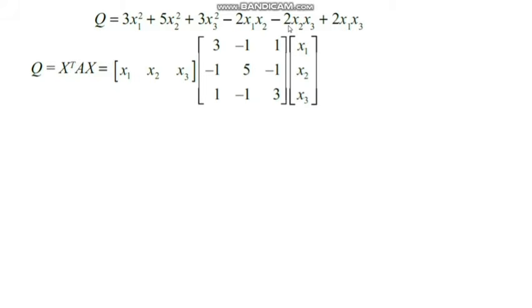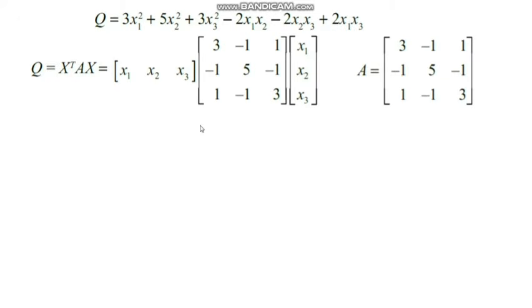Minus 1 can be placed at the second row third column as well as the third row second column. And finally we have the coefficient of x1x3, that is 2. 2 divided by 2 gives 1, which can be placed at two different positions, 1 3 as well as 3 1. So that is the matrix A. Therefore matrix A is a real symmetric matrix, that is the matrix of the quadratic form.